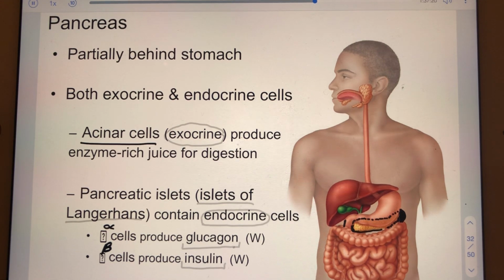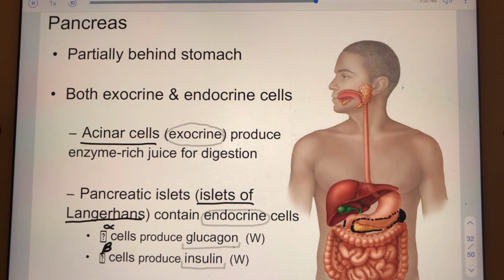In fact, it's a really important role, because the pancreas makes a lot of different kinds of enzymes, arguably a greater variety of enzymes than any other digestive organ. But housed within the pancreas are clusters of alpha and beta cells that are called islets of Langerhans.